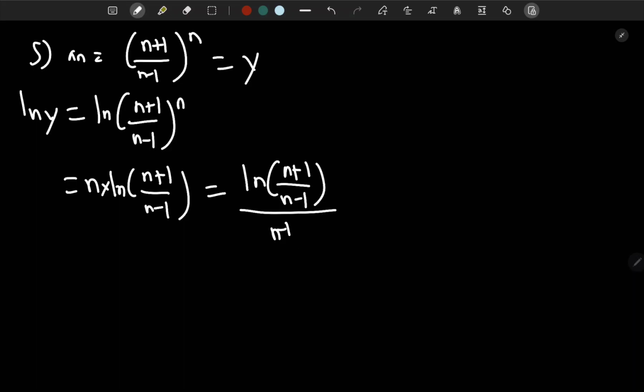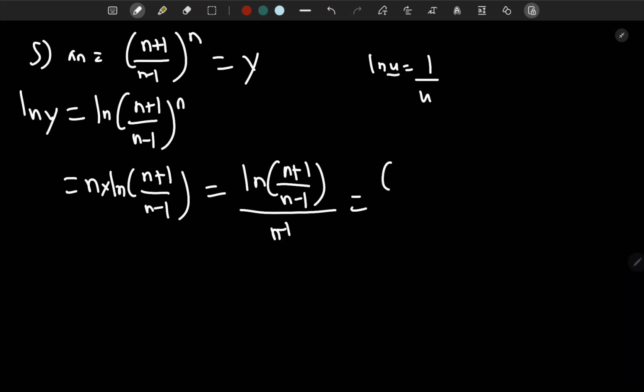The derivative of ln u is the derivative of u over u, so 1 over u. It's the same thing here. We need to use the quotient rule though for differentiating u since it's a fraction.